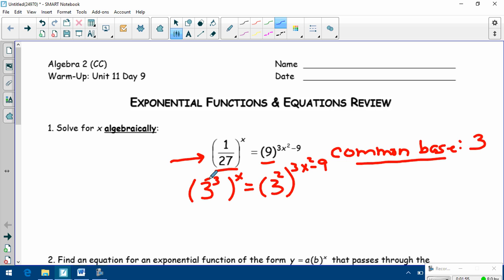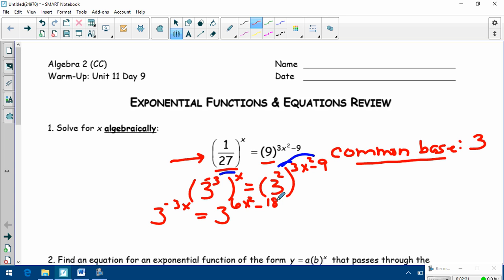Okay, so next up, we have to distribute. Don't forget to do that step of distributing those exponents, because otherwise rewriting it had no purpose. So this would be 3 to the negative 3x equals 3 to the 6x squared minus 18. And once you have common bases, what can you do?